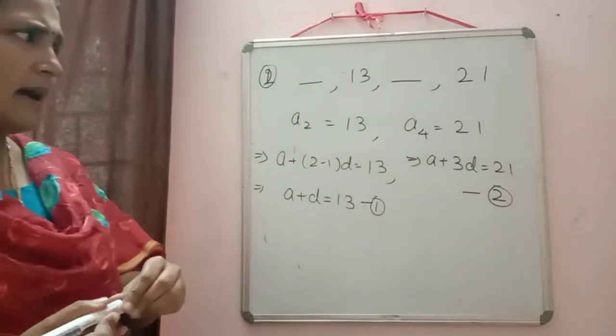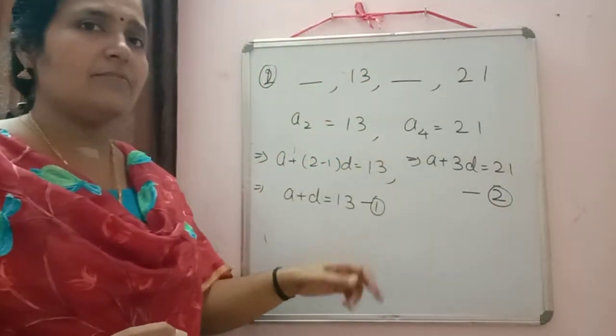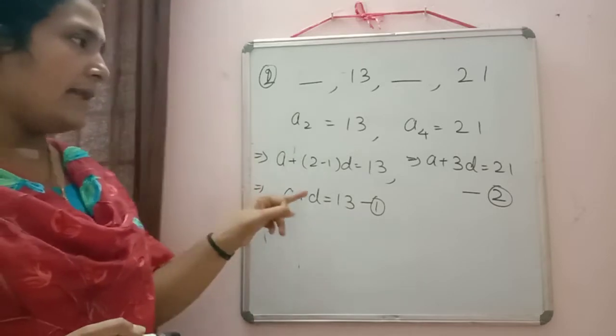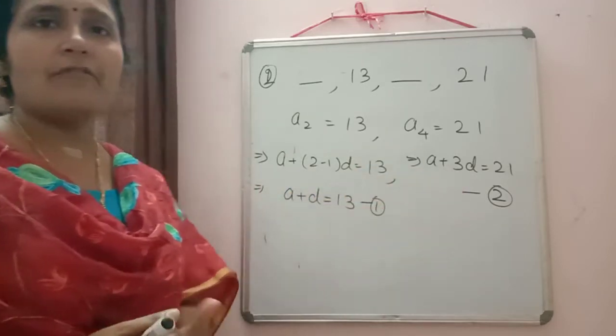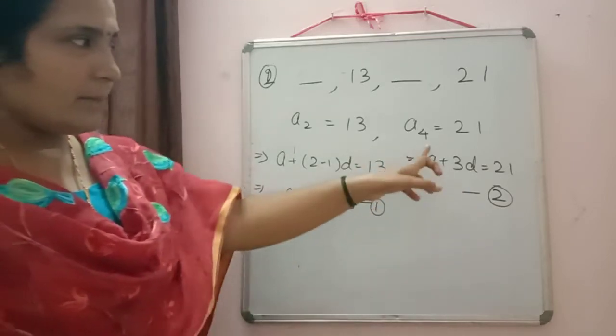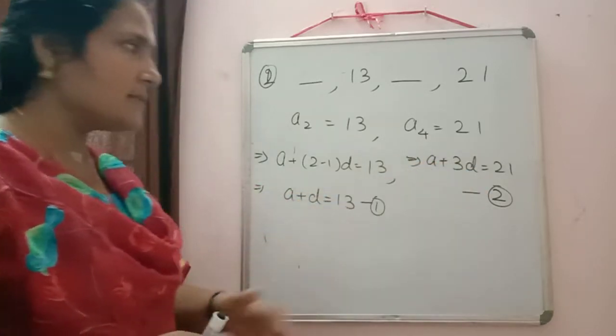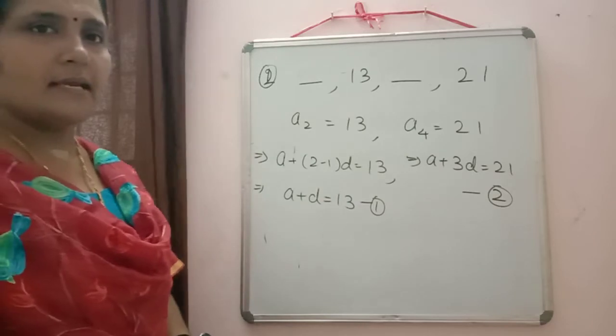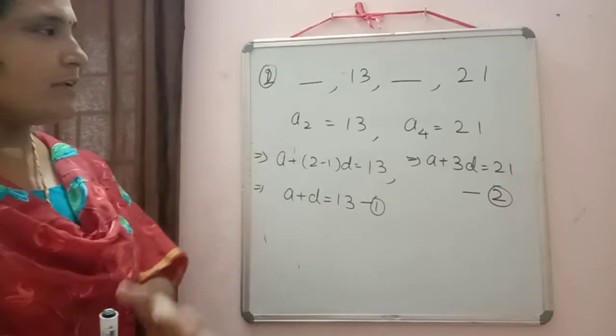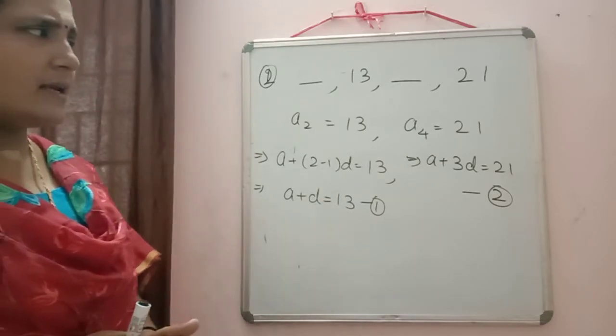Now here we have two equations in which we have two variables, A and D. We don't know the value of A and D both, and power of both the equation is 1. So that's why these two equations are called linear equation in two variables. So I am giving you the method how to solve the linear equation.